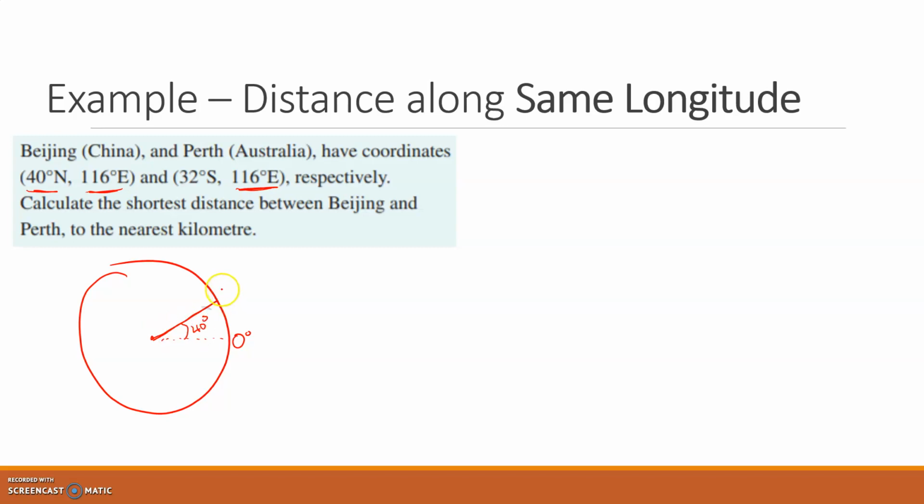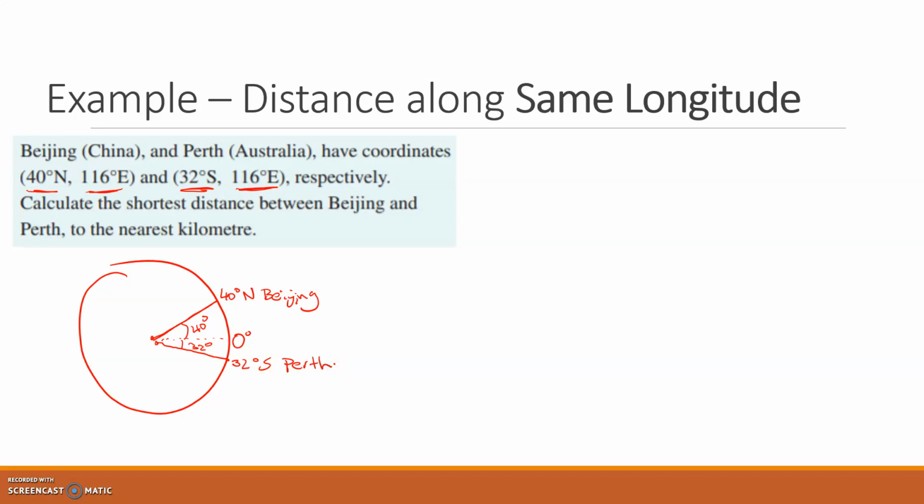It's 40 degrees north of the equator, which is what I'm drawing onto the circle now. Sorry for the spelling. Now Perth has a latitude of 30 degrees south. If we draw that in, it looks like somewhere about here, 30 degrees south. So we'll label that as well, 30 degrees south, and that is Perth.